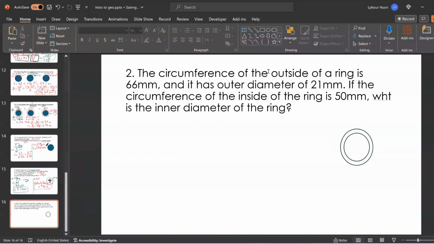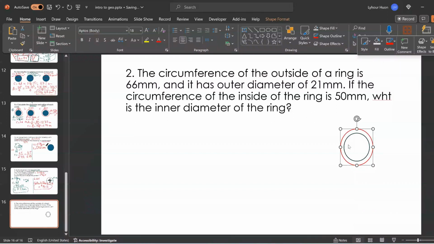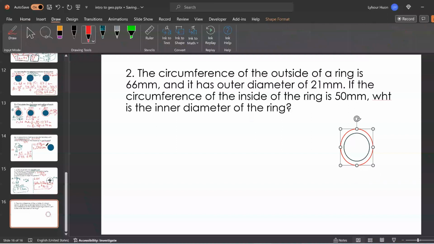So the circumference of the outside of the ring, I should mark this one in a different color, let's say red. The circumference of the red is 66 millimeters, and it has an outer diameter of 21 millimeters.